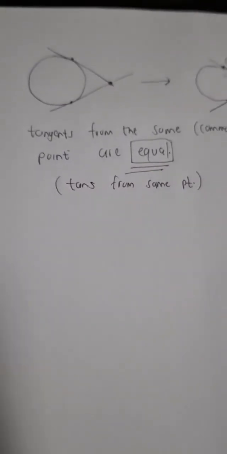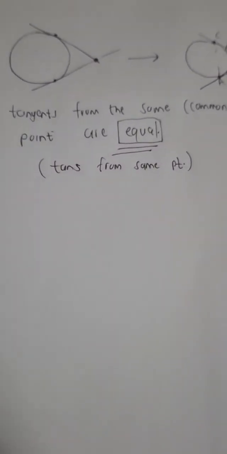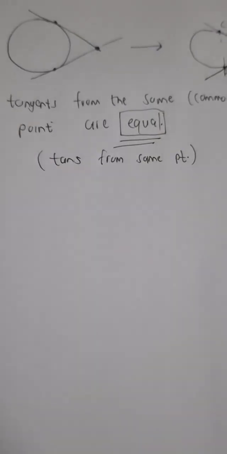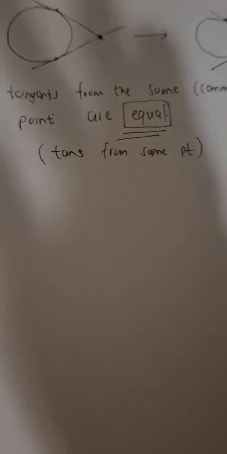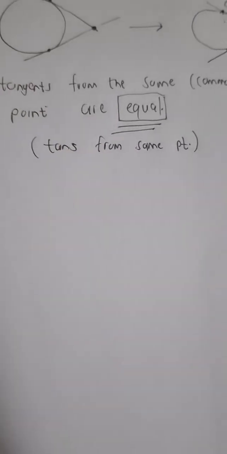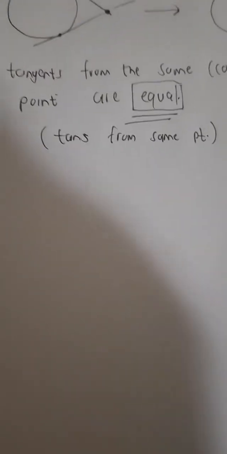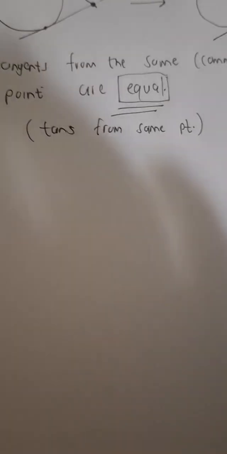The first one was that the tangent and the radius have a unique relationship: the tangent and the radius at the point of contact form 90 degrees. There's a perpendicular state that results because of a tangent and a radius. Even if it's a diameter, the tangent and the diameter will also be perpendicular. Because remember, a diameter is simply an extension of a radius to the other side of the circumference. So basically, tangent perpendicular to radius.